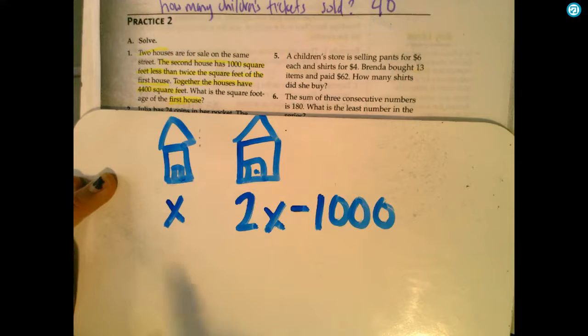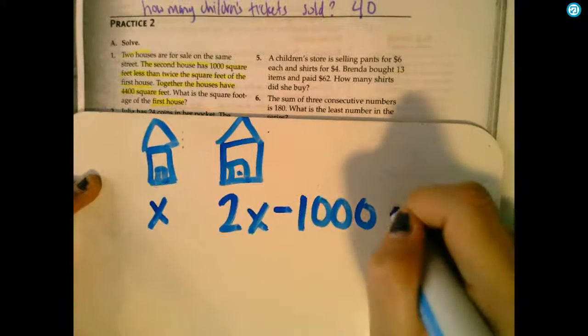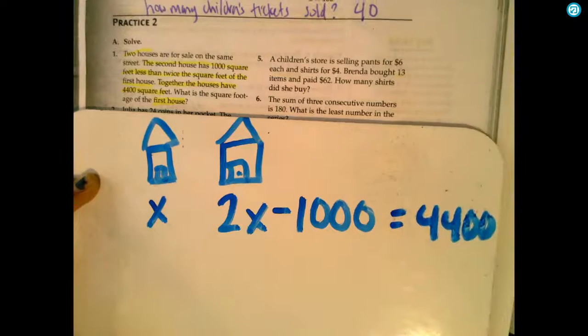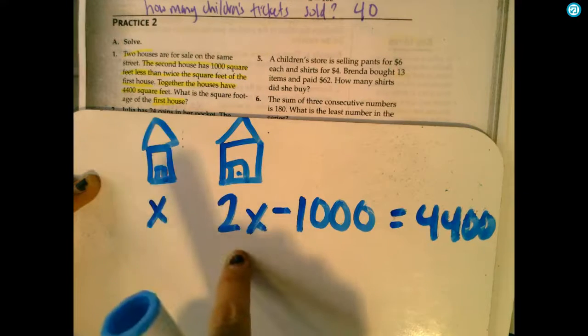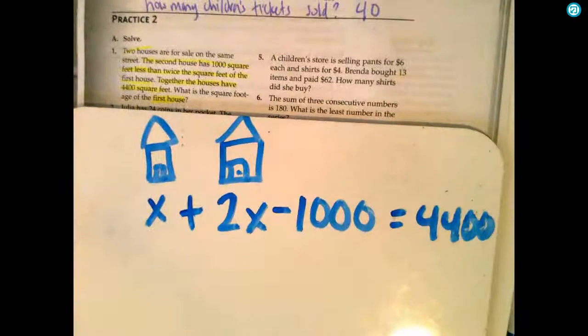Okay, so this house and this house together equal 4,400 square feet. To show that this and this together, I would add these together. So now we have our equation that we can solve.